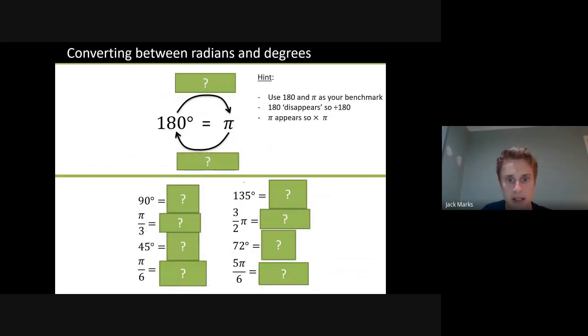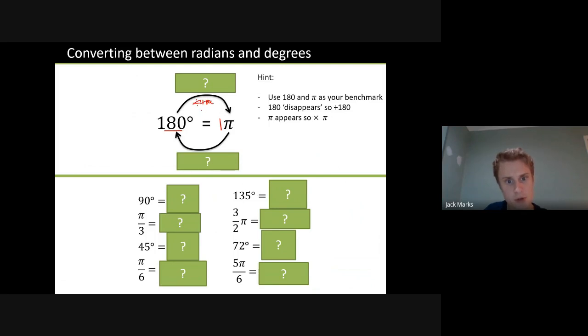So if 2 pi radians is 360 degrees, then 1 pi must be 180. How do you move between them? On a simple level, you could say the number disappears, so you're dividing by 180 because the number is just 1, it's not there. And at the same time, pi appears.